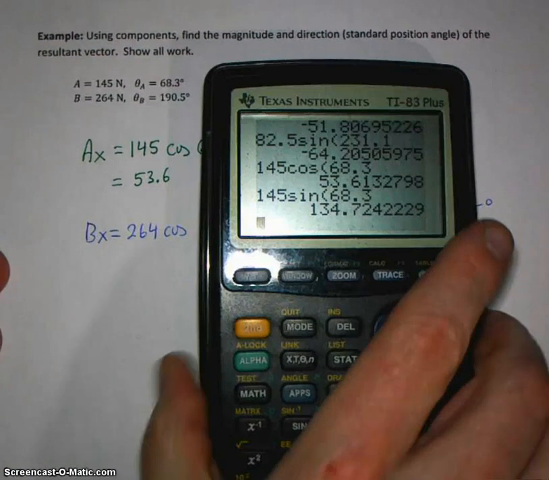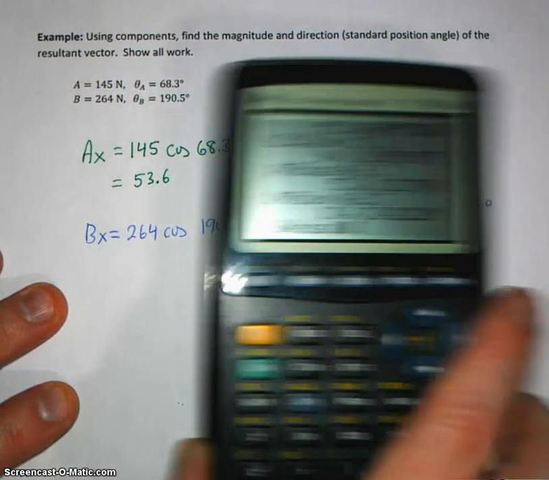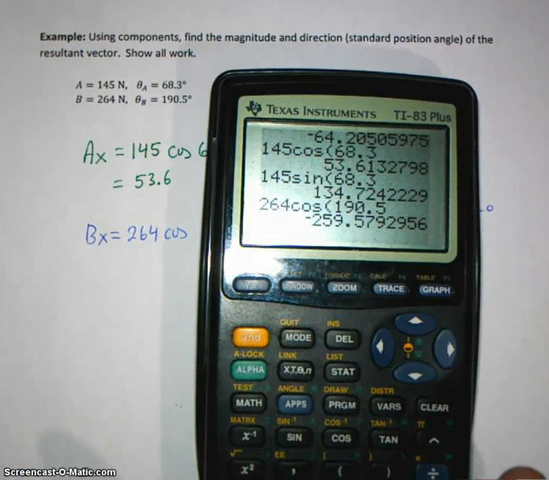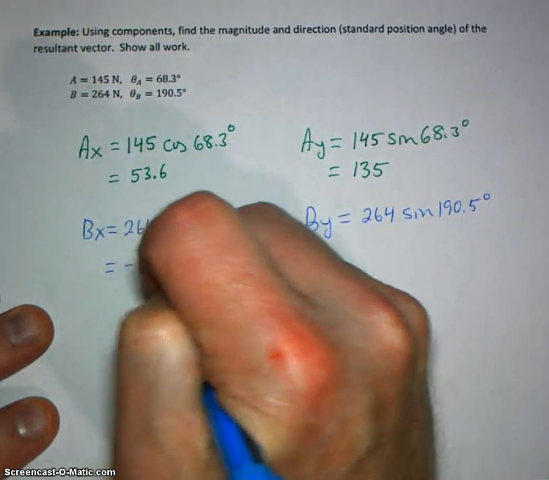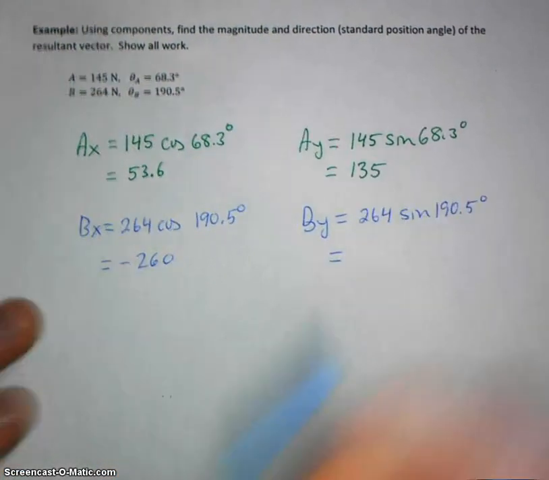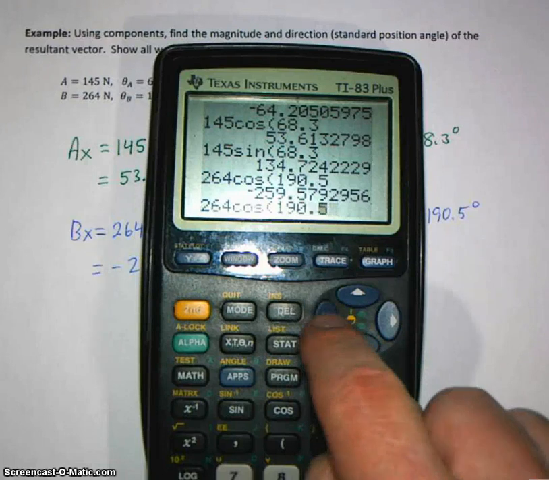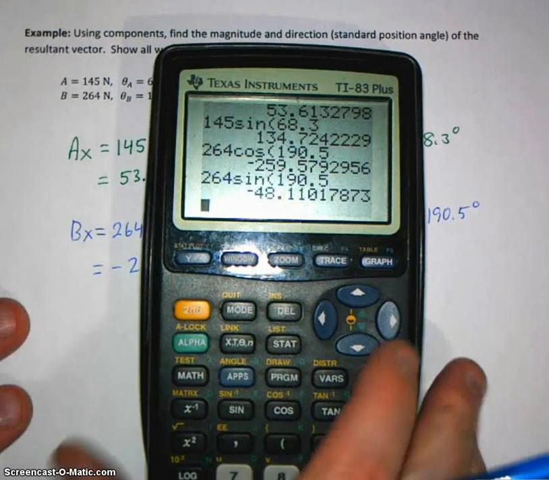Back to the calculator. 264 cosine 190.5 is negative 260, and By is, just go back, change the cosine to a sine, and we get negative 48.1.